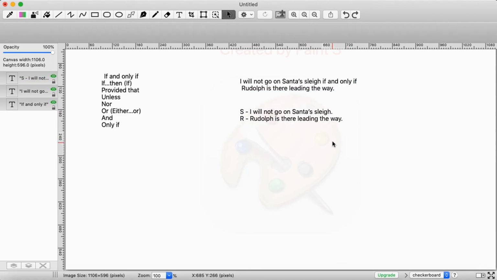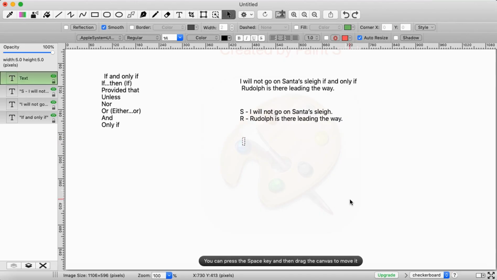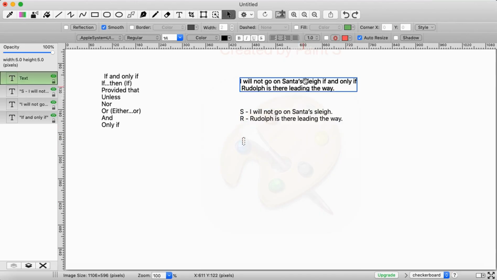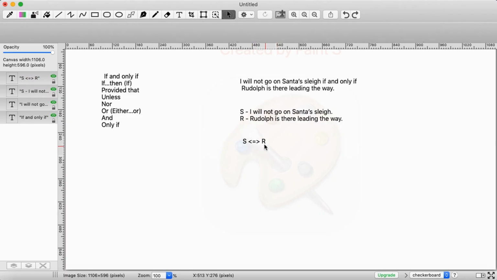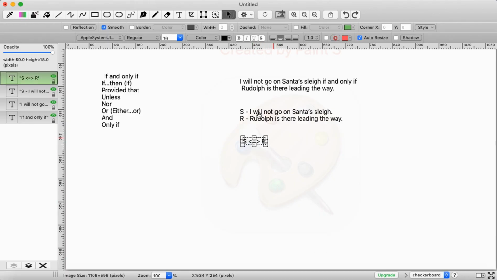So when you have if and only if, translating it from English into variables, this becomes S, then this symbol, R. Maybe you haven't seen it, maybe you're just watching this for fun and you've never seen any of this before, which I love.